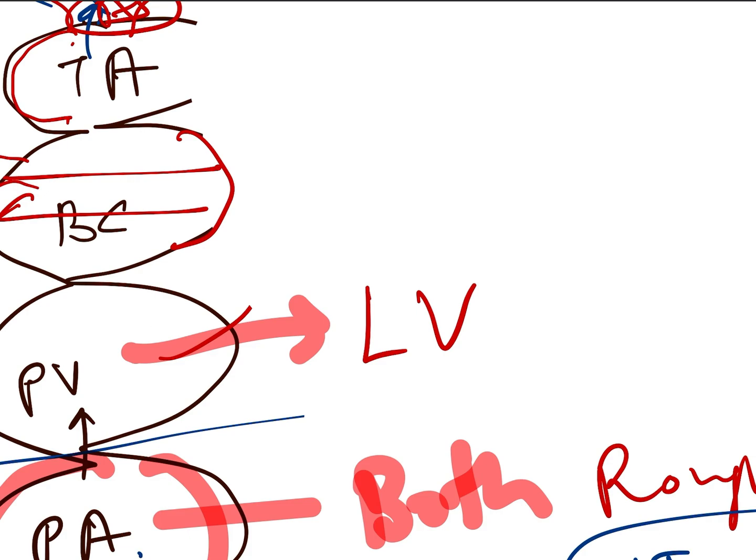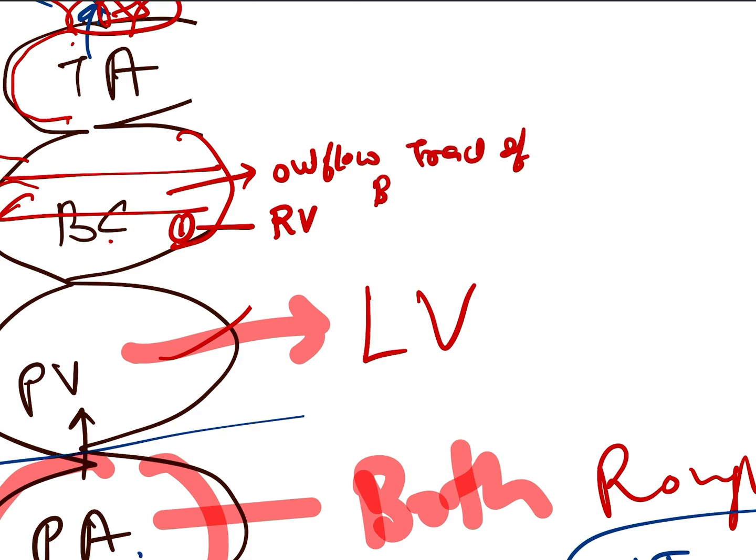This bulbus cordis has 3 parts. The lowermost part of bulbus cordis will form the right ventricle, while the middle part will form the outflow tract of both ventricles.